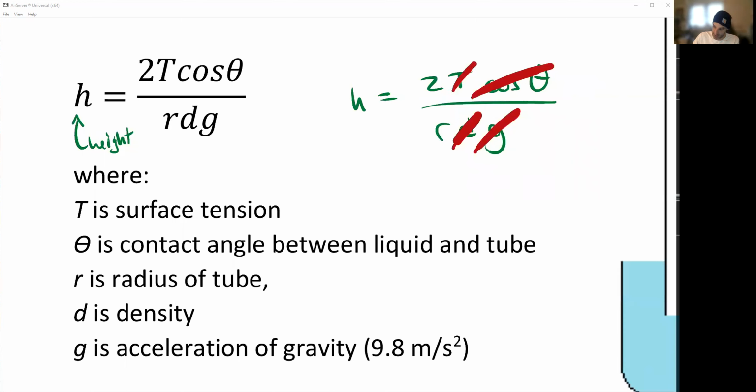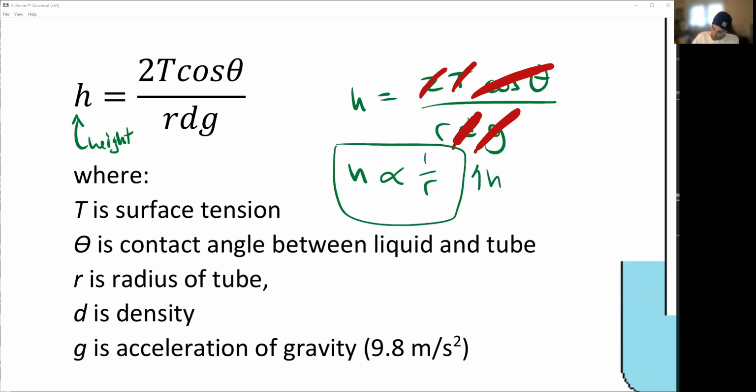The surface tension, if it's the same substance, should be the same as well, and essentially 2. So all of those are going to combine to give you a constant. So really height is dependent on radius ultimately, because none of these other things are really important. They just become one constant. So ultimately height is inversely proportional to radius.